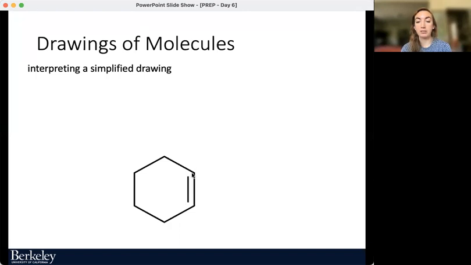This carbon on the right has 1 single bond coming off of it and 1 double bond coming off of it. So you can think of that as 3 bonds already shown, and it wants 4. So it needs 1 more hydrogen that isn't shown in order to have 4 bonds total.